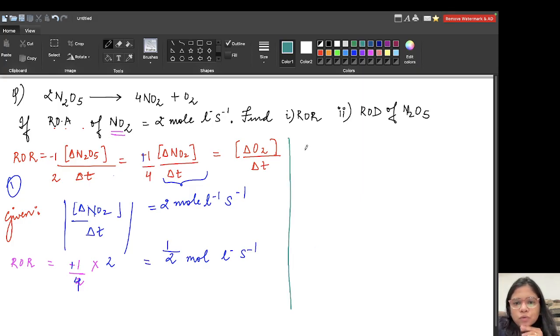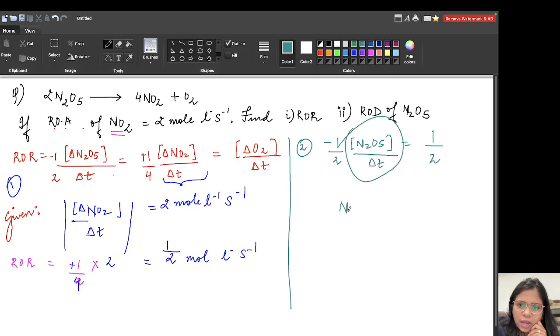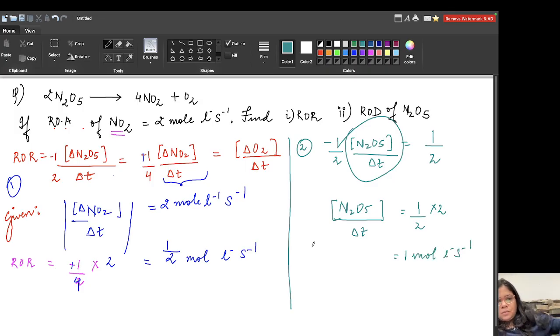The second one tells you to find the rate of disappearance of N2O5. What is the rate of disappearance? Minus delta N2O5 by delta t will be equal to 1 by 2 multiplied by 2, which is equal to 1 mole per liter per second.